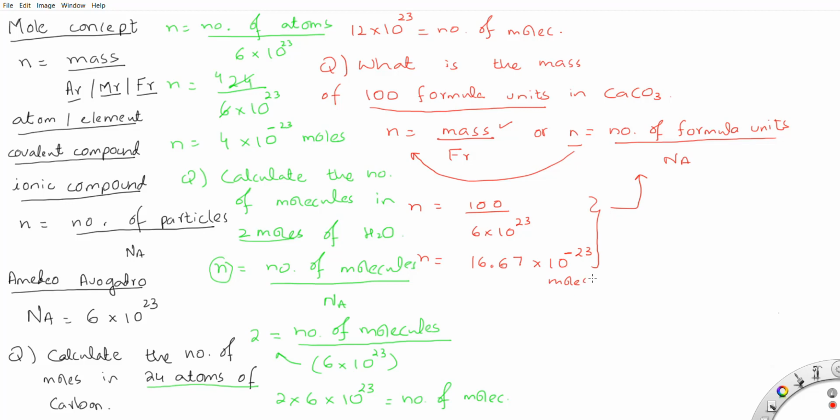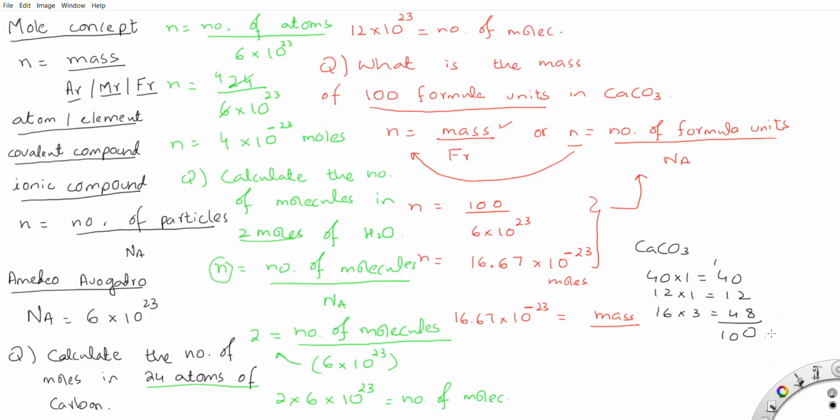Now if we know moles, we can use the formula here, that is 16.67 exponent minus 23 equals mass upon relative formula mass. For CaCO3, calcium atomic mass 40, number of atoms 1, so 40; carbon 12, number of atoms 1, so 12; oxygen 16, number of atoms 3, so this is 48. So we get 100.